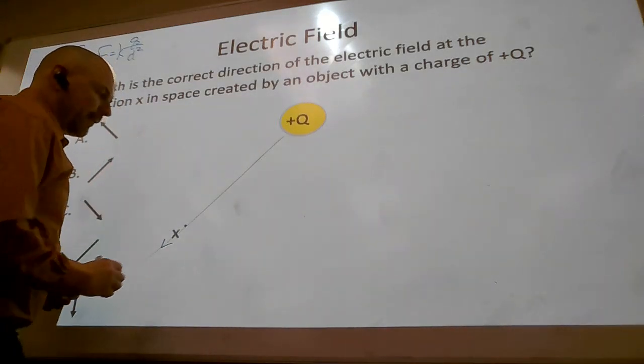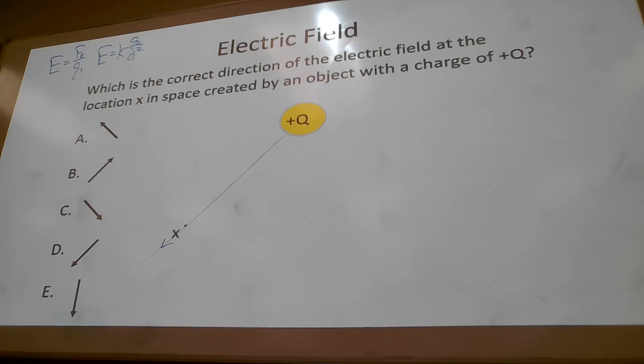Positive creates outward directed fields. Good with that? Okay.